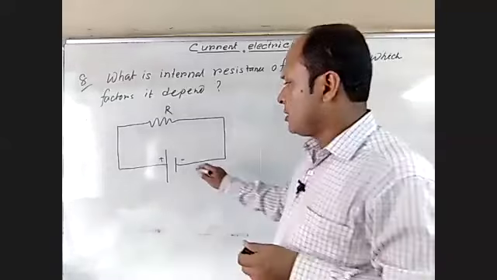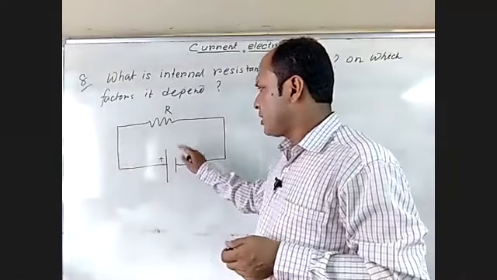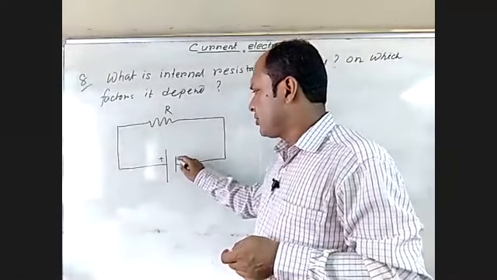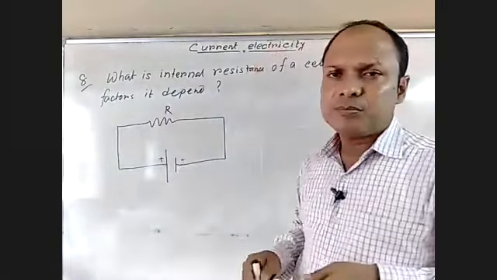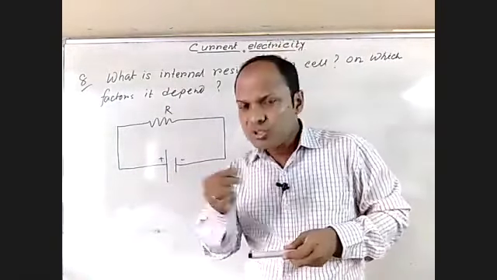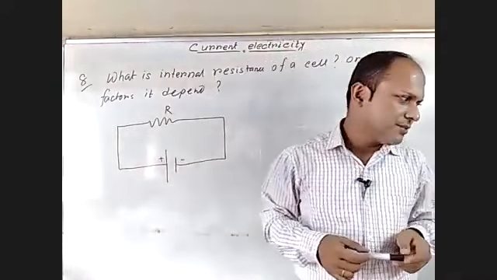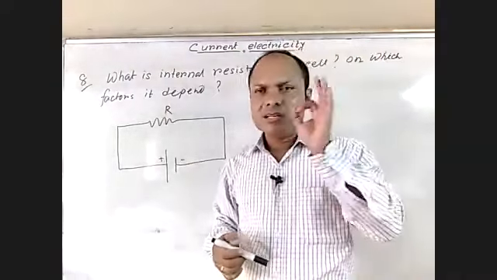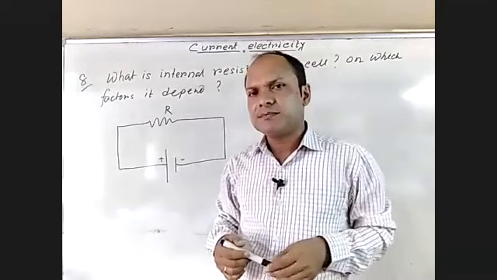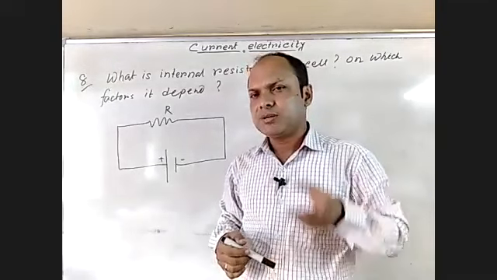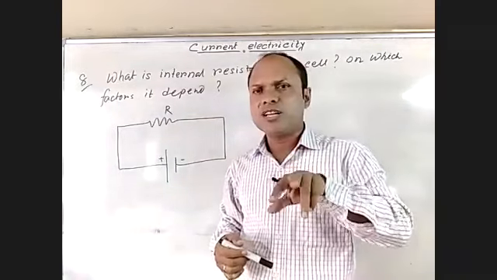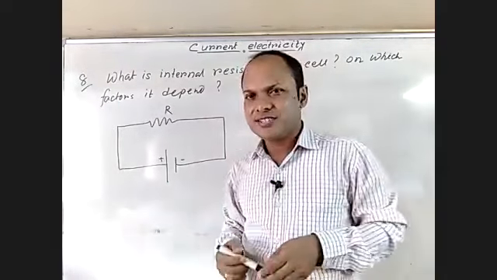Whenever current tries to move from the negative pole to the positive pole through the cell, the cell will offer a particular value of resistance to it. The resistance offered by the cell whenever the current is flowing from one electrode to another is called internal resistance.